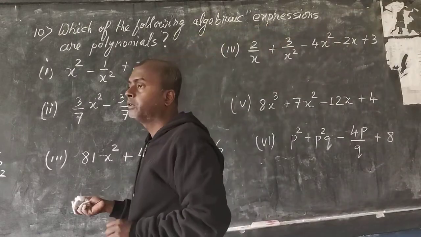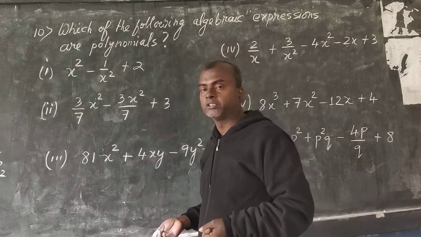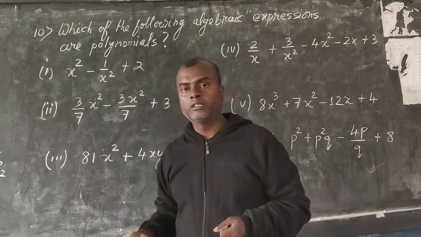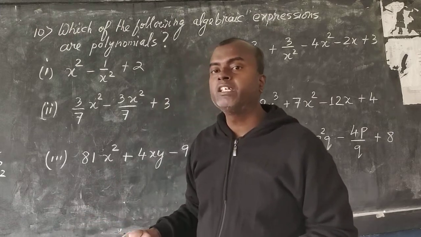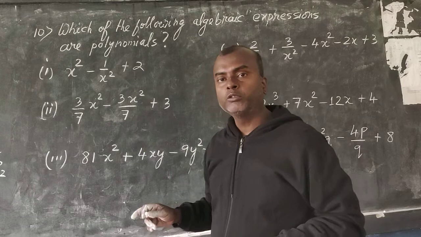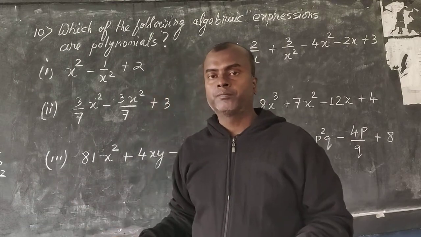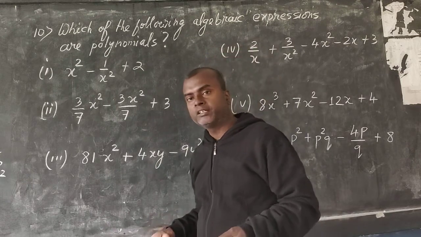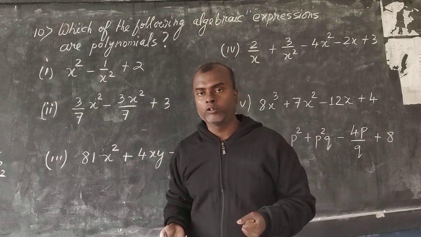Okay, next comes identifying which are actually algebraic expressions. Now, algebraic expressions can be monomials, binomials, trinomials, or simply we can say polynomials, depending on how many terms are there. But in that also we have to select whether it can be a polynomial or not, or in other words, whether the given expression is actually an algebraic expression or not.